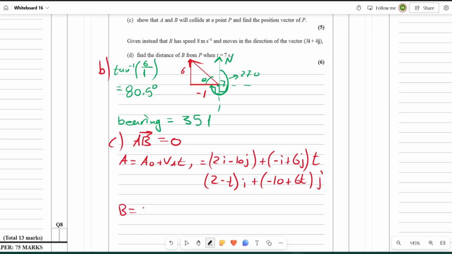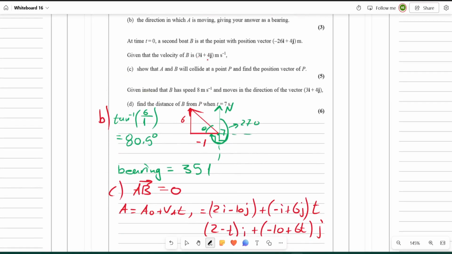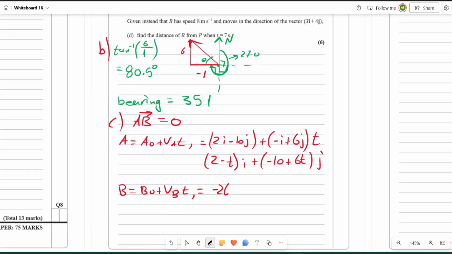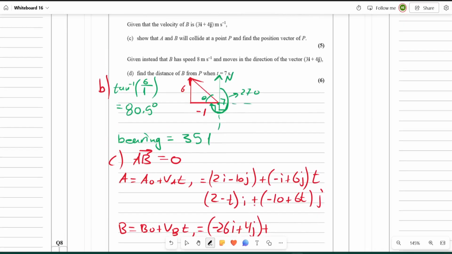Now we do the same thing for B, which is going to be B0 plus VB times time. So it's going to equal B0, the position of B at time equals 0, which is negative 26i plus 4j. And then add the velocity of B, which is 3i plus 4j, and multiply the velocity vector by time.